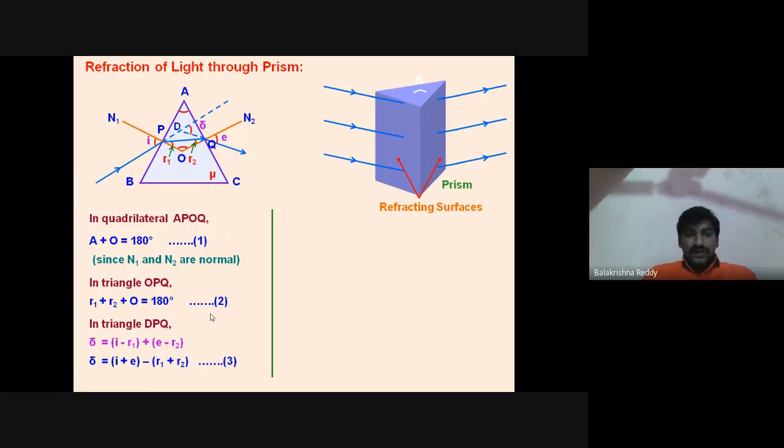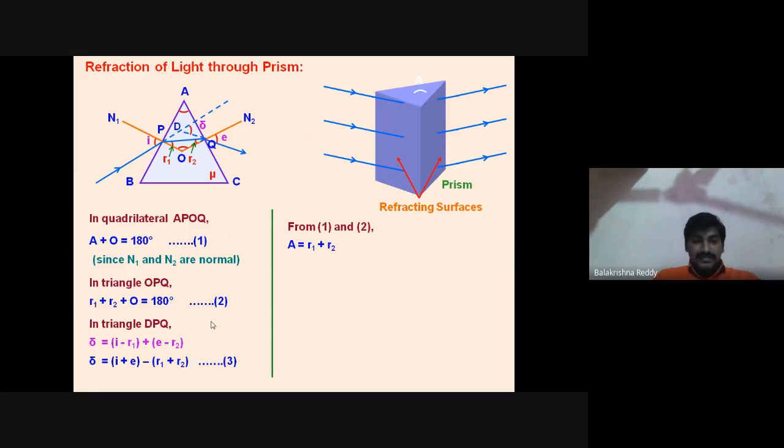From equations 1 and 2, I am subtracting LHS from LHS and RHS from RHS. The 180 gets cancelled and O gets cancelled when I subtract. Then I have the angle of prism A equal to R1 plus R2.